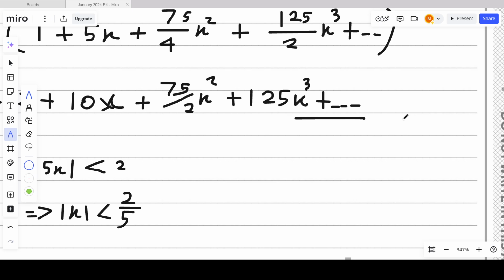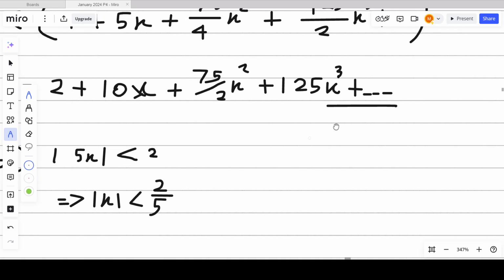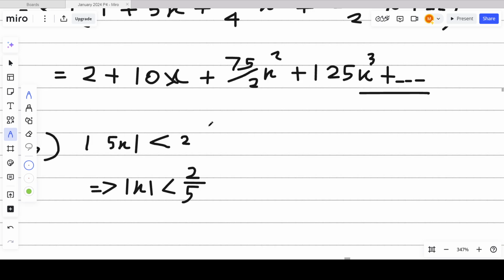Now what if you put in this expansion a value of x that is greater than 2 over 5? The range says x less than. If we put x greater than 2 over 5, what would be the case? The expansion will not be valid for any approximation, because it will be divergent. The value will keep increasing and increasing.